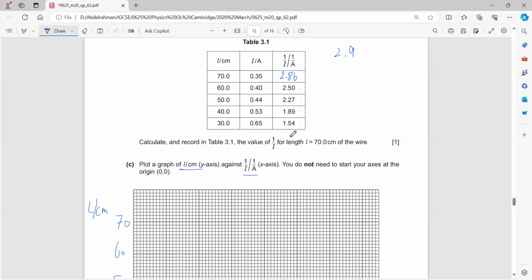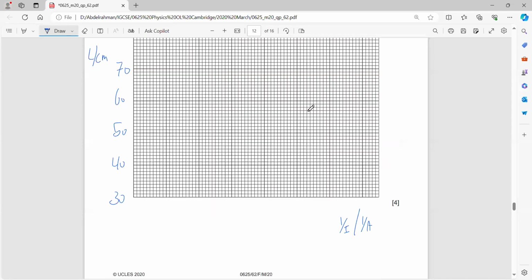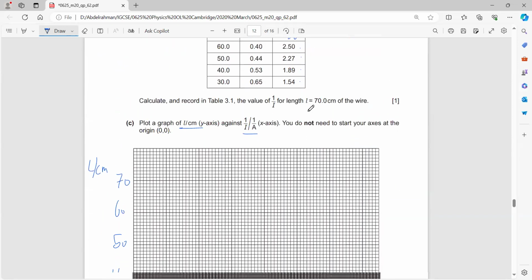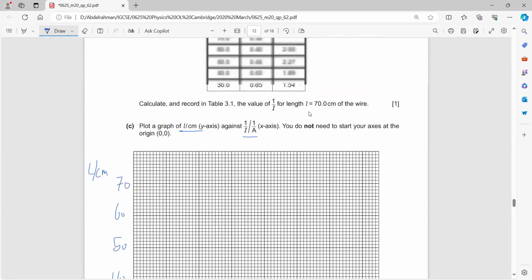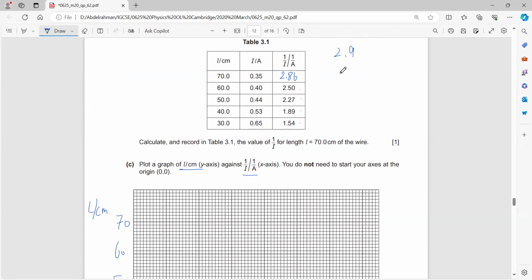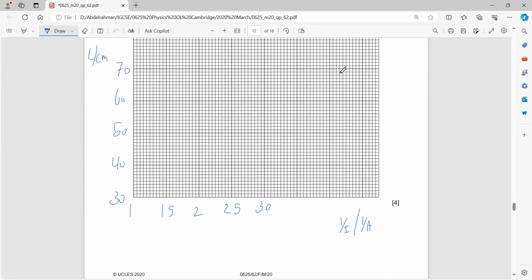We can start off with 1 and move by 0.5. Okay, let's try it. 1, 1.5, 2, 2.5. That's it. That wouldn't actually be the best choice. It would not be the best choice if you started off this way.